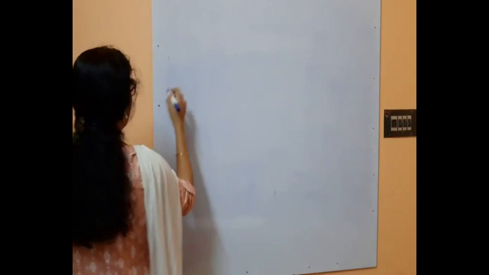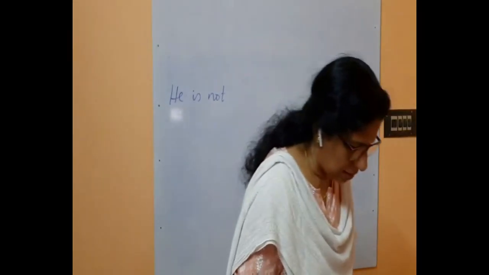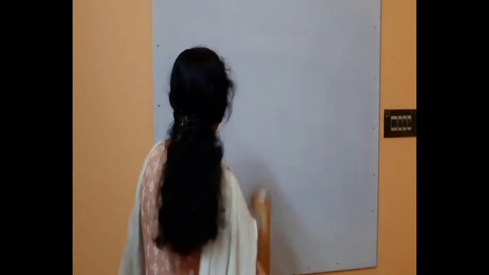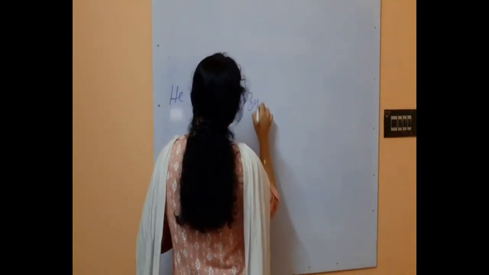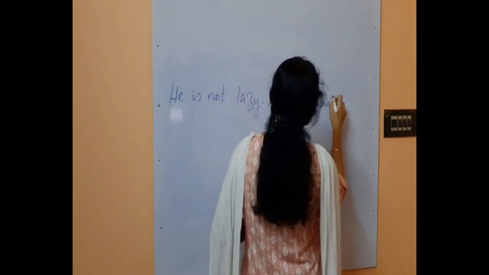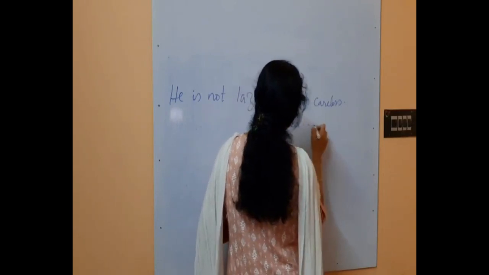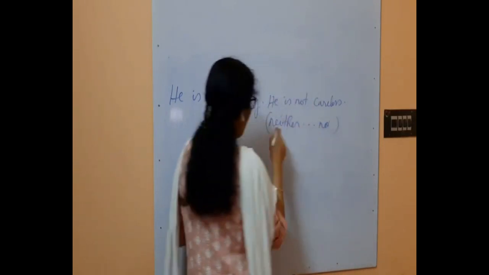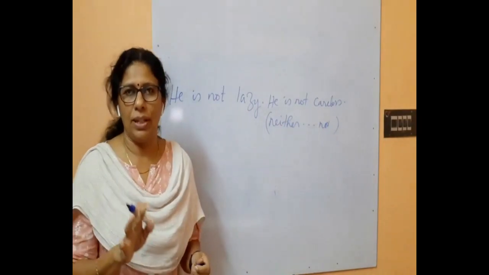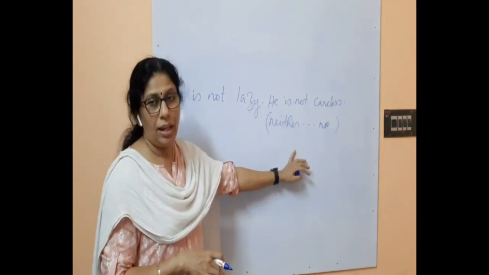He is not lazy, he is not careless. Neither nor. And remember, now I am giving you neither nor, but for the exam, you won't be given this option, only the beginning with neither.